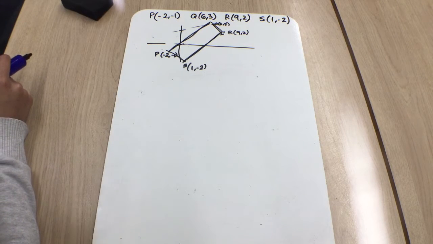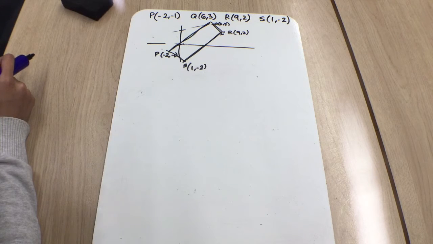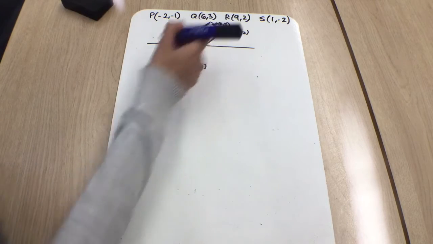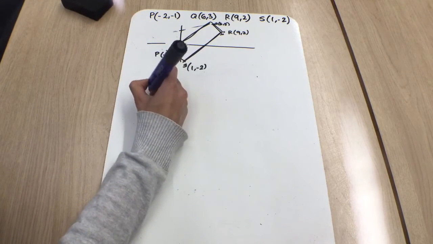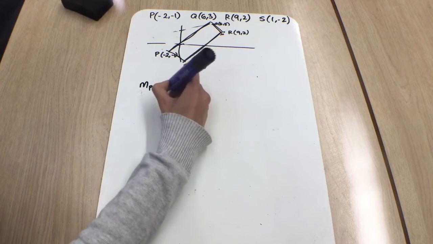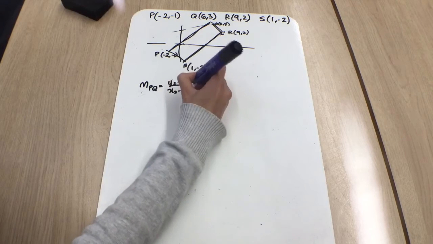Now there's lots of different properties of quadrilaterals that we can use. But in this question, I'll probably start off with the gradient, because the gradient would tell us how many sets of parallel lines it has, if any. So let's start off with P to Q. So we'll do the gradient of P to Q. So that's y2 minus y1 over x2 minus x1.